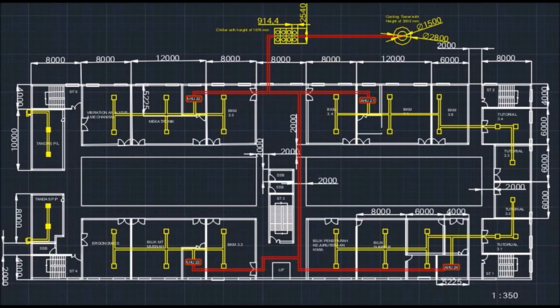In this floor, we have 16 rooms that need an air conditioning system. So, with these 4 AHU, we can see that every room on this floor has 2 diffusers. So, this is the floor plan of our project. Thank you.